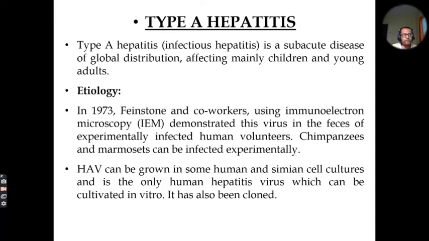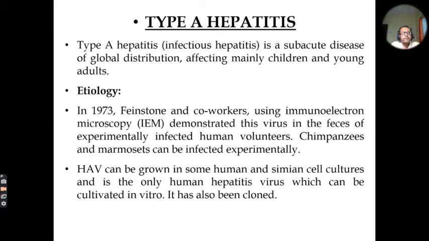So, firstly, this virus was detected in human beings who acted as volunteers during the study. Later on, it was discovered that this virus can be transmitted artificially to chimpanzees and marmosets. These are the monkeys which we can artificially infect with this hepatitis A virus.